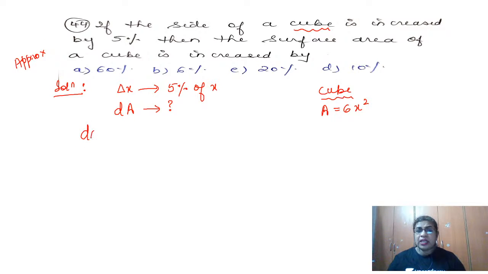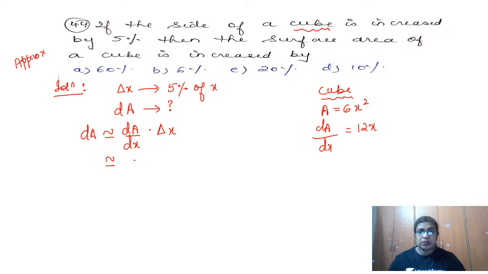How do I get it? What is the approximation formula telling us? The change in the surface area is approximately equal to dA by dx into delta x. So I need to find dA by dx from here. dA by dx is equal to 12x. Now substitute here.